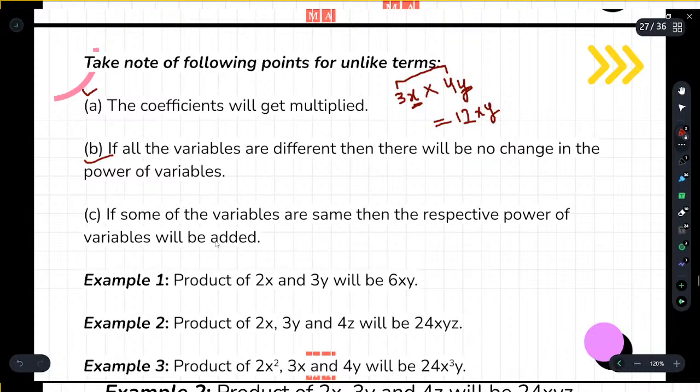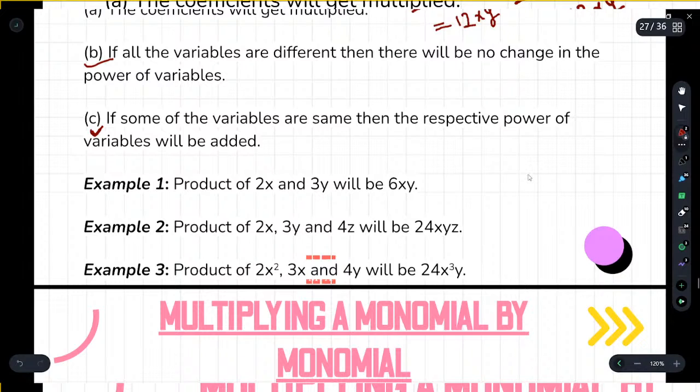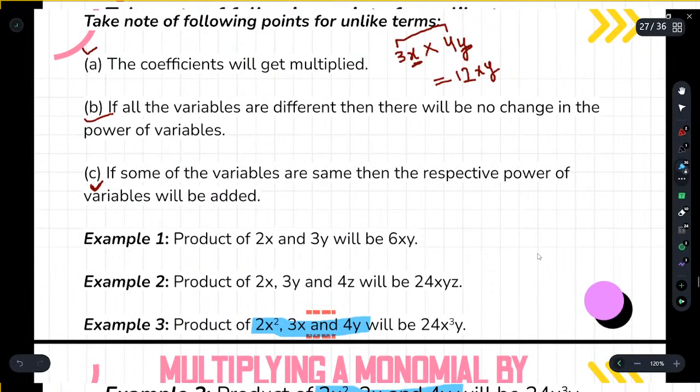And if some of the variables are the same, then the respective power of the variables will be added. What do they mean by it? Let's see this example. Example number 3: 2x square, 3x and 4y. Now what do I see here? x square, y.